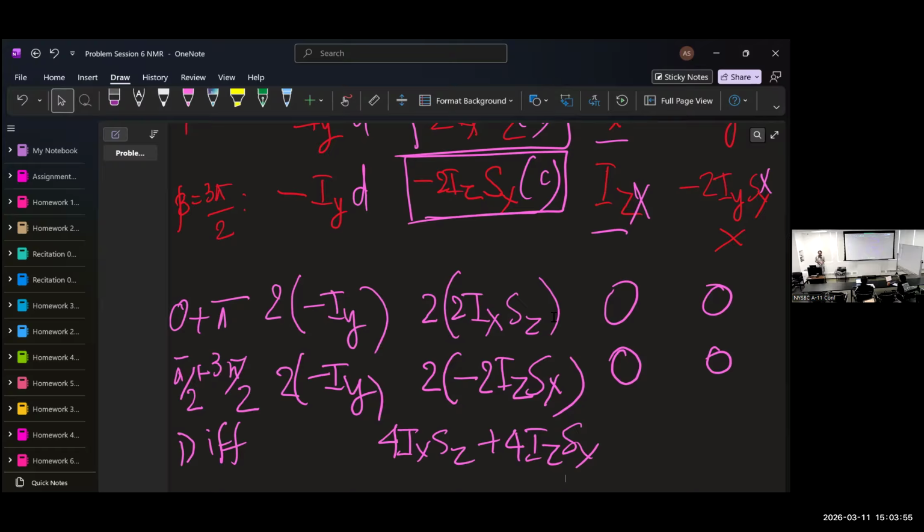So what does the receiver phase cycle look like? In Bruker language it would be 0, 2, 0, 2, that is 0, 180, 0, 180.